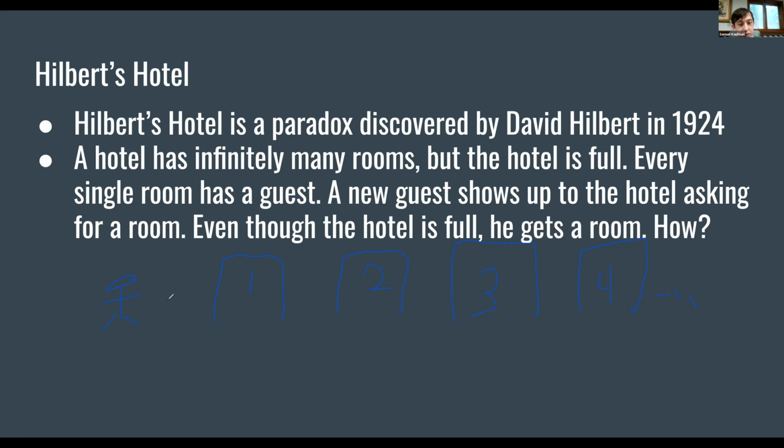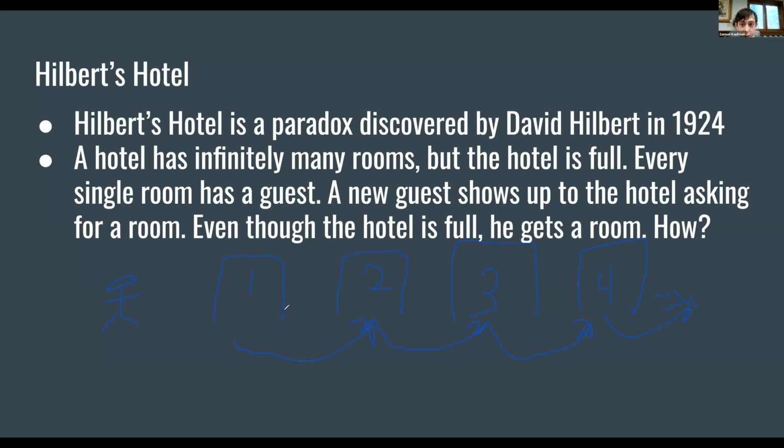So what the person at the front desk does is tell every person in the hotel to move to the hotel room with the next biggest number. So the person in room 1 goes to room 2. The person in room 2 goes to room 3. The person in room 3 goes to room 4, and so on forever, right? Every person in the hotel does this.